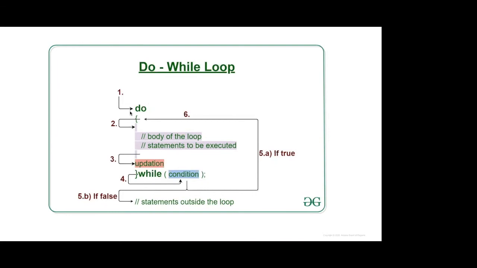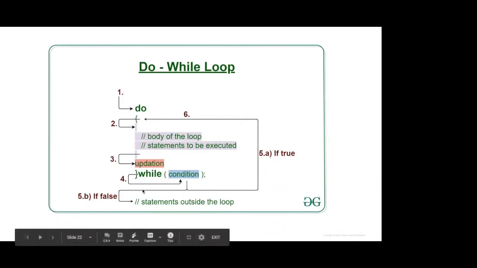First it will execute the body part of the loop. Then it will check the condition. If the condition is true, it will go back to execute the body part again. If the condition is false, it will just jump out of the loop.